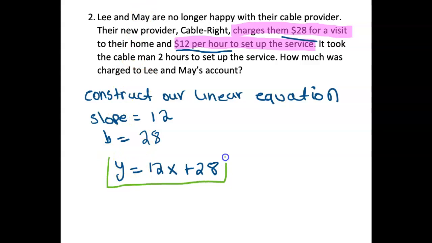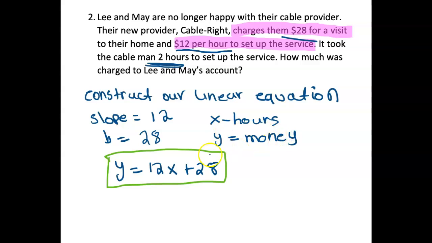Linear equation. Now that we have this, we can simply substitute the amount of hours it took, because x is hours and y is the money. So it took 2 hours to install the new cable.